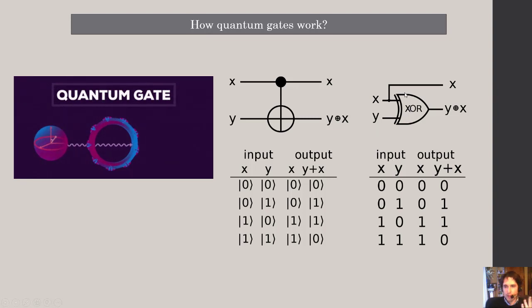So here it's the gate from the classical computer. We have two inputs, X and Y, and we make the addition with those, and we have only one output at a given time.